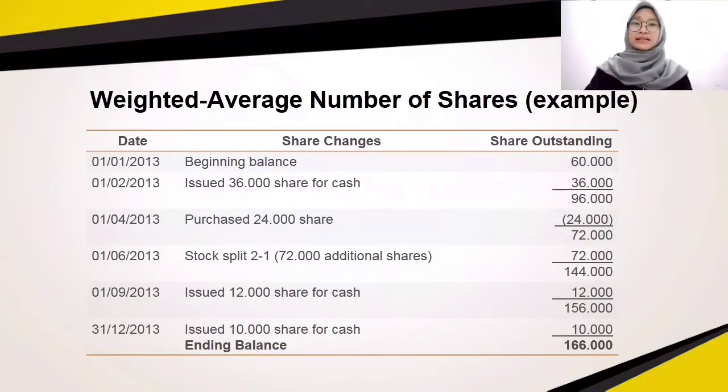So this is an example of the weighted average number of shares. On January 1, 2013, the beginning balance is 60,000.